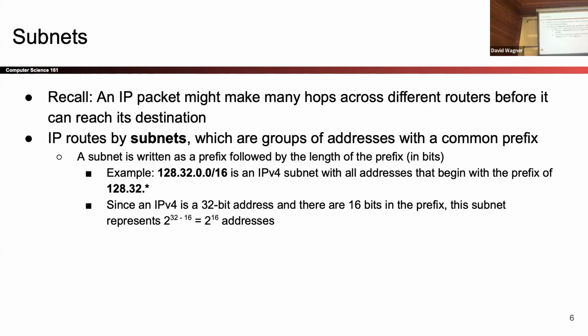You can think of it as like there's some large organizations that need a lot of IP addresses because they have a lot of people, a lot of machines, and there's some small organizations that need very few, so that we don't run out of address space. If I had a /16 subnet and a /24 subnet, which would I give to the small and which would I give to the large?